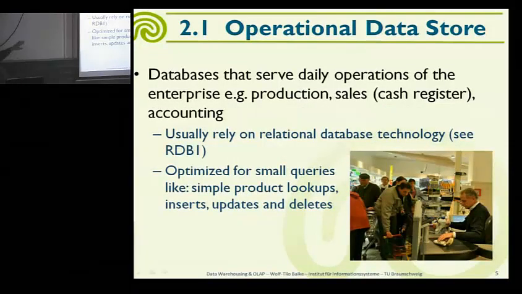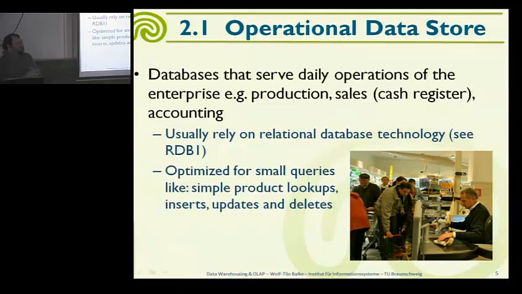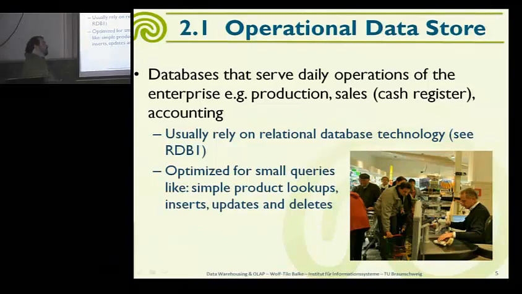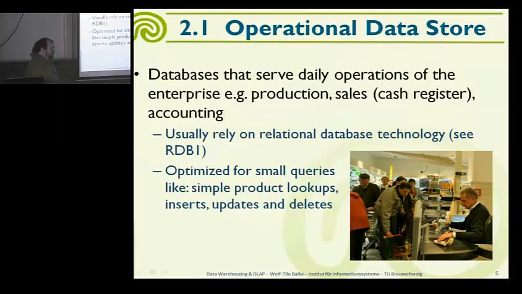So let's start. First are the operational data sources, right? These are the databases that serve the daily operations of your company. So this is where every sale in a Walmart is stored. This is where every bank account is managed in a banking system, for example.